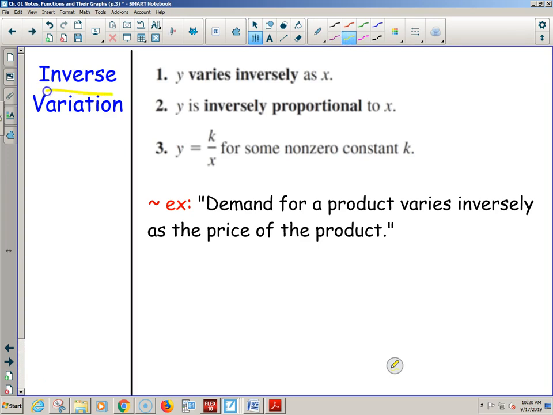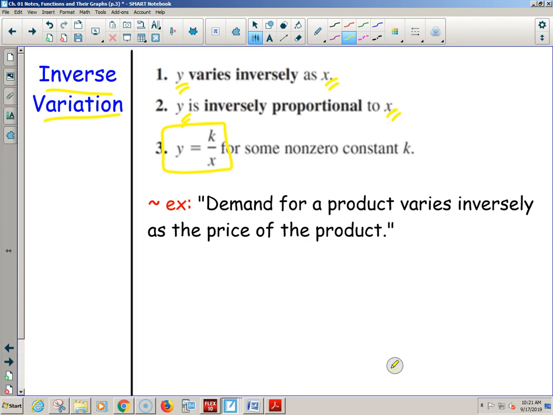Inverse. Same wording, got guys on the left. Independent variables, sorry, are on the right. Dependent variables are on the left. Of course, the variables can change names, but what's different is now we're doing K over, K divided by. I'll do a real world example in just a second, but I'll give you a second to process, put it down.